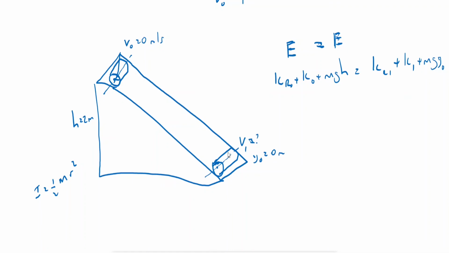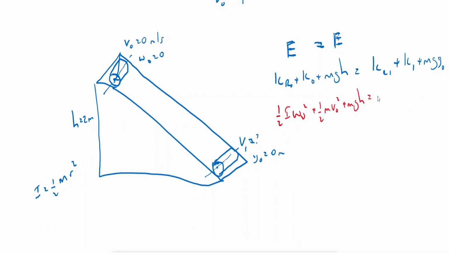If you do this, this just becomes half I omega0 squared, but this is 0 anyway. There's no need to do this because this is 0. Let me write it so that you understand anyway. Let me use a different color. So this becomes half I omega0 squared plus half m v0 squared plus mgh.